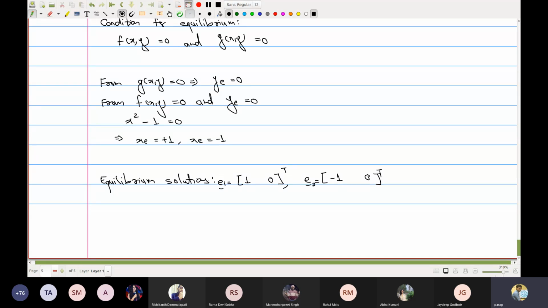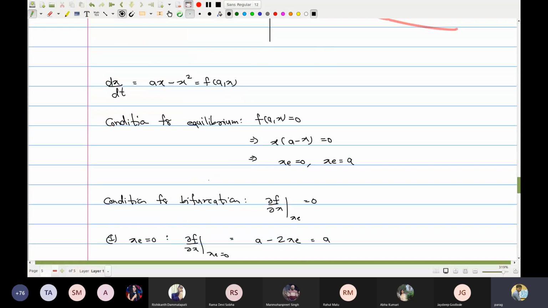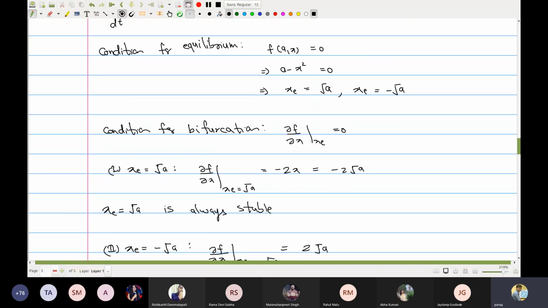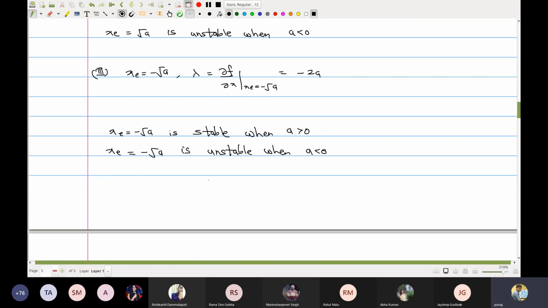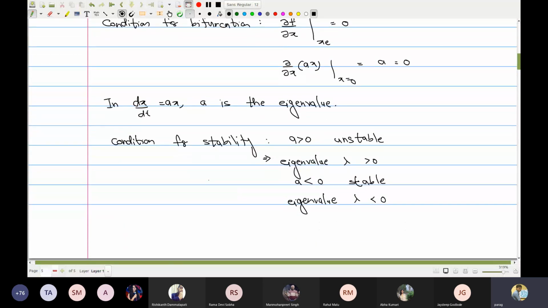Now let's see how we have been doing this. When we analyzed the linear system, dx by dt equals ax, a is the eigenvalue, and then you decided upon the stability based upon the eigenvalues of the system.